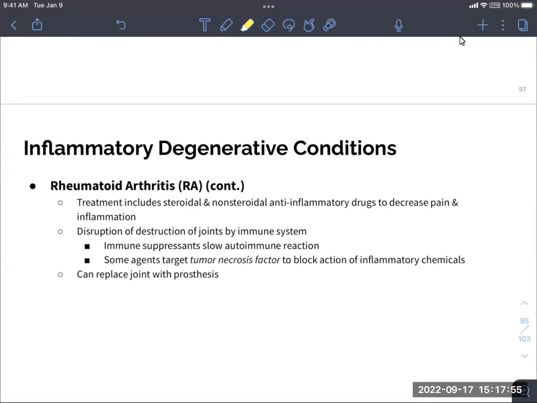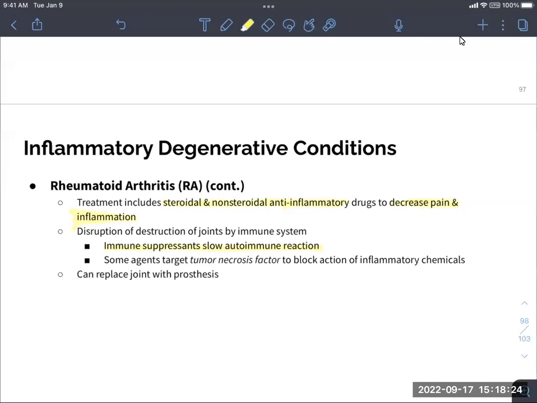So what's treatment? They'll use steroidal and non-steroidal anti-inflammatory drugs because getting rid of that inflammation decreases pain, of course. So sometimes they'll even give immune suppressants, because if your immune system is hyperactive, we want to calm it down.